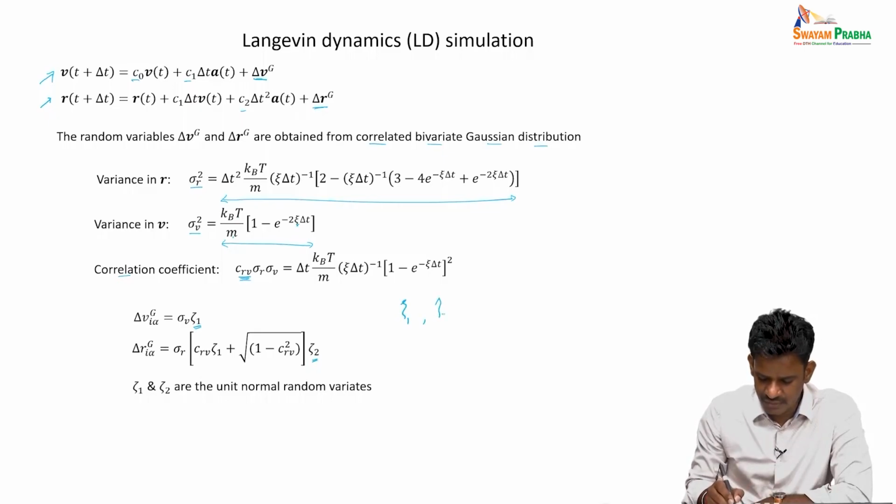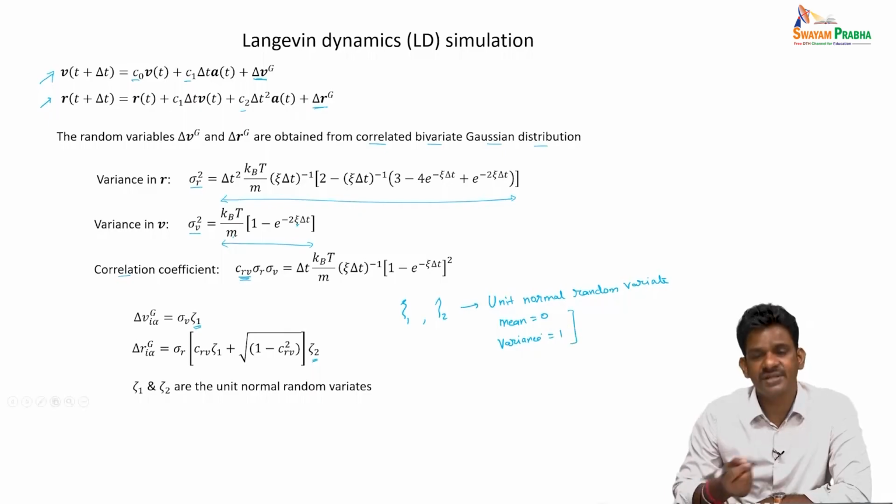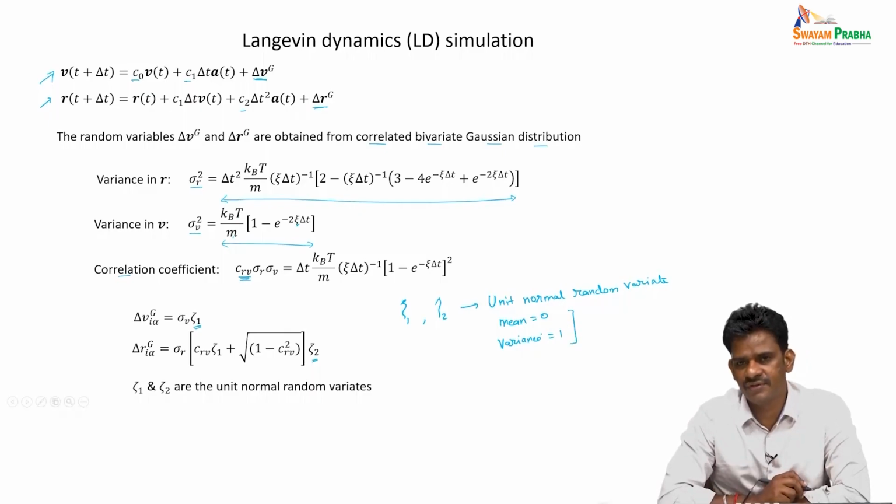Zeta 1 and zeta 2 are basically unit normal random variates. This means the mean value is 0 and the variance is 1.